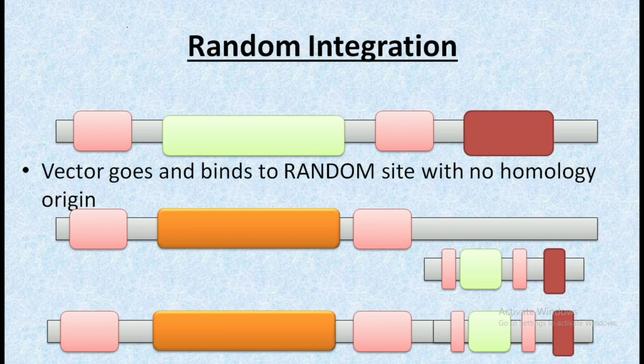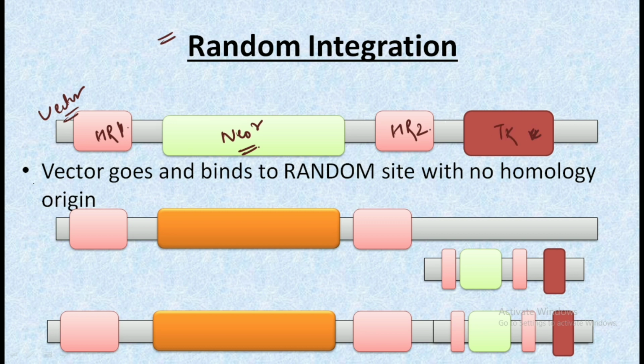In the second case we have random integration. So consider we have this vector that we are focusing upon. We have HR region 1, the neomycin resistance region in this place, then HR region 2 and the thymidine kinase.